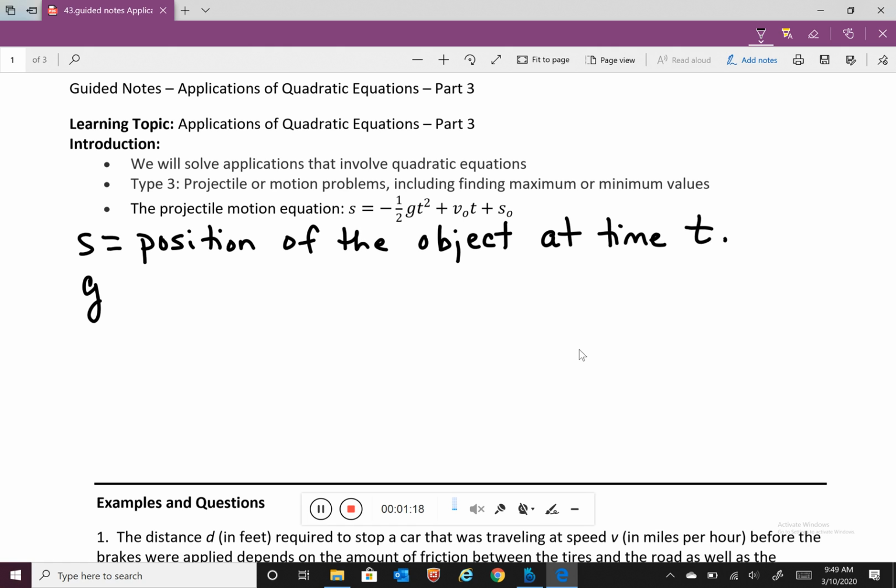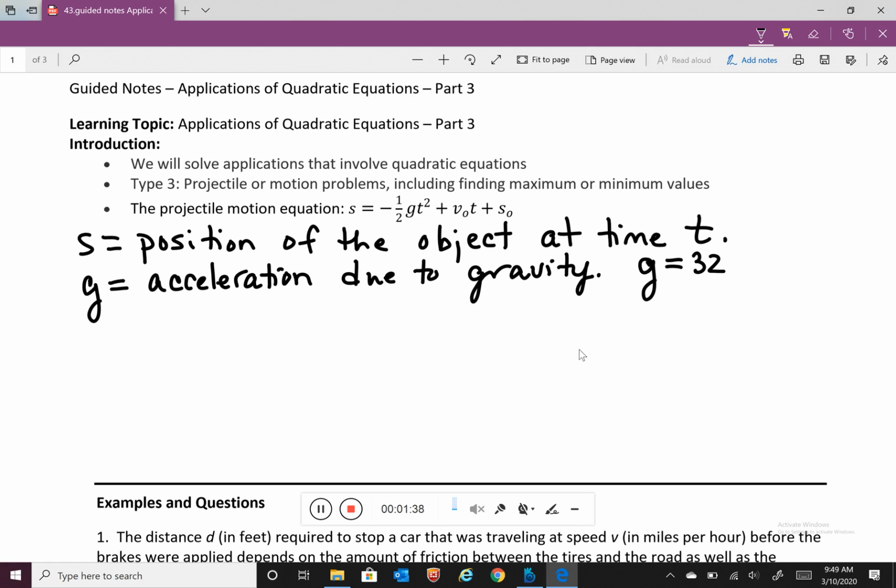G is acceleration due to gravity. And on Earth, gravitational force is going to be 32 feet per second squared, or 9.8 meters per second squared.